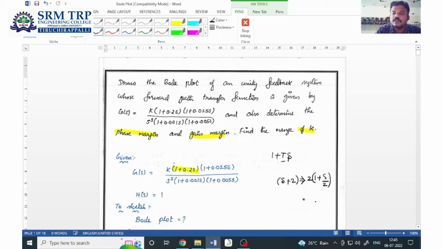The equivalent term is 2 into (1 plus 0.5s). This is how you have to convert the given transfer function into its equivalent Bode form. This is the first step before entering into the problem. Let us see what is the next step.